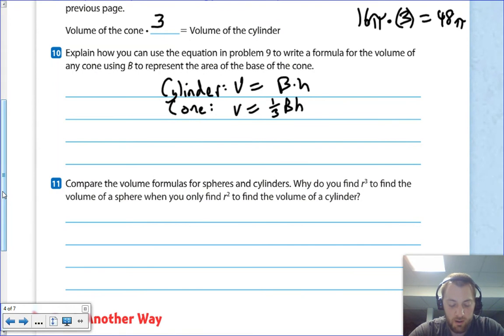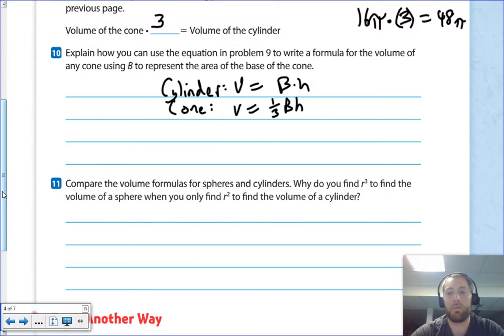For a cylinder, after you find r squared, you multiply your answer by the height to find the volume of a cylinder. For a sphere, though, the height of the sphere is the radius. So when you multiply r squared by r, again, you get r cubed. Now that was a really wordy answer, but that's where you get the r cubed from.